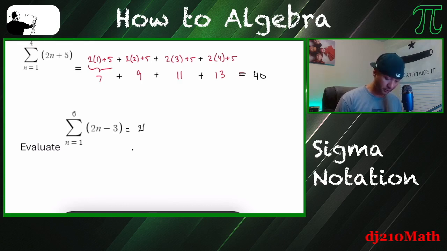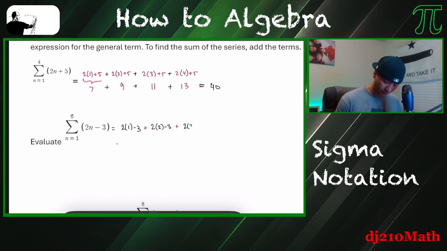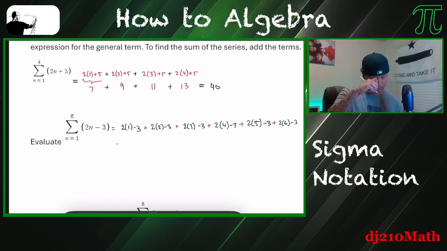All right, 2 times 1 minus 3 plus 2 times 2 minus 3. All right, so 2n minus 3 from 1 to 6.